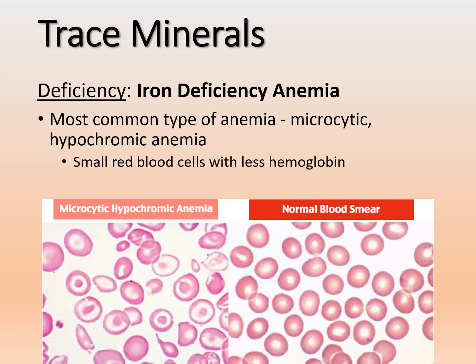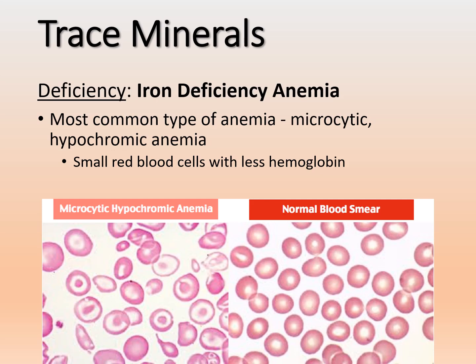It can be the most common type of anemia, and we call it microcytic hypochromic anemia, meaning that the cells are small, microcytic, and hypochromic, meaning they don't have the red color, because hemoglobin is what gives red blood cells their color. And so they are less red or pink in color.